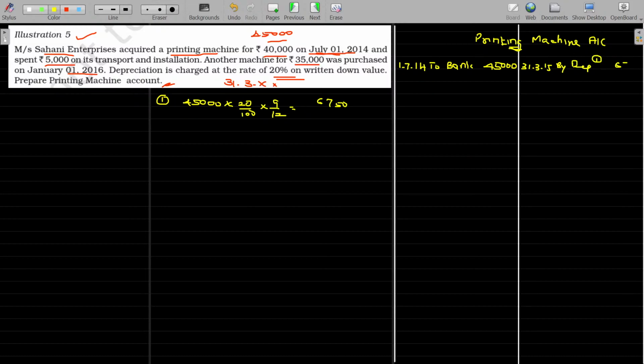Now, after this depreciation, you have to tally this and find out the balancing figure. 45,000. The balancing figure here being 38,250. In the next year beginning 1st April 15, to balance brought down.